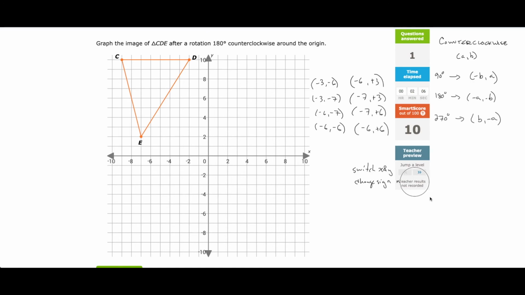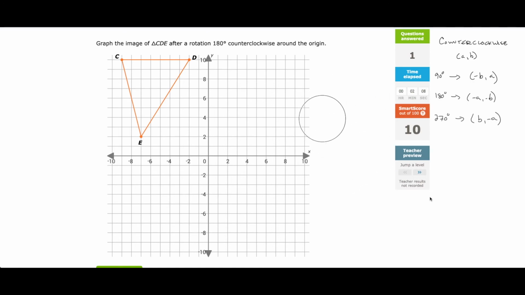Here we're going to graph a 180-degree rotation. In the same manner, I'm going to write these coordinates down. So D is at -2, 10. C is at -9, 10. E is at -7, 2.